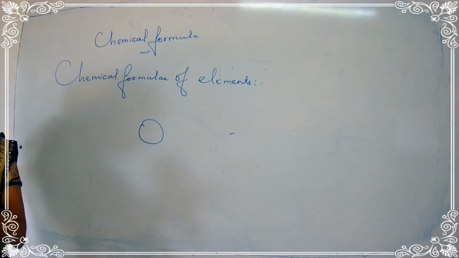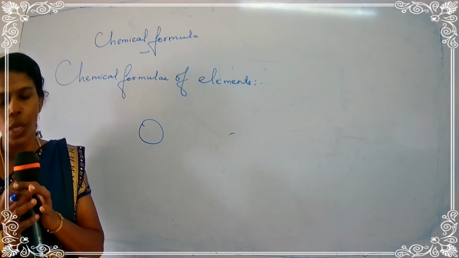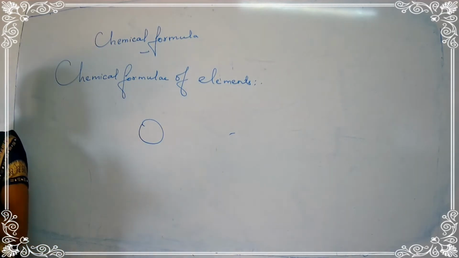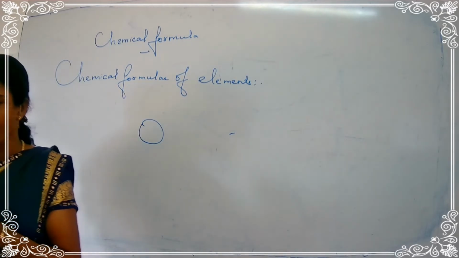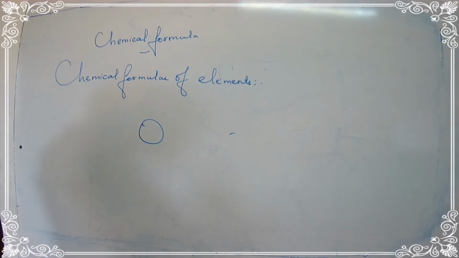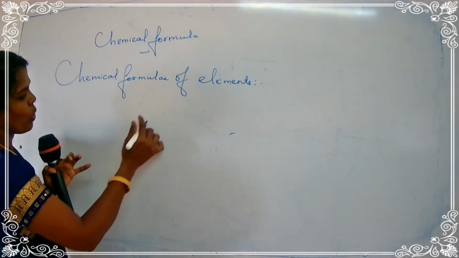Next, the second point says write the number of atoms in one molecule. Already I told you the chemical formula represents the number of atoms present in the molecule of the substance. This is done by writing the number as a subscript, to the right side of the element.